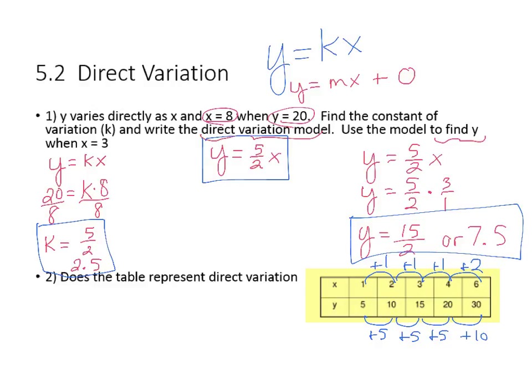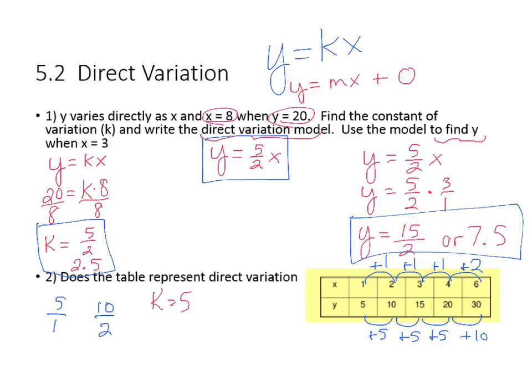Your change in y was 5 over your change in x was 1, until you got to the very last one when the change in y was 10 and the change in x was 2. But aren't these actually equal to one another? They both equal 5. So because it jumped at the end, as long as it jumped on both the x and the y, that's okay. This has a constant rate of change of 5. That's my k value.